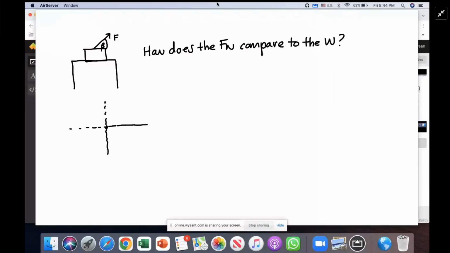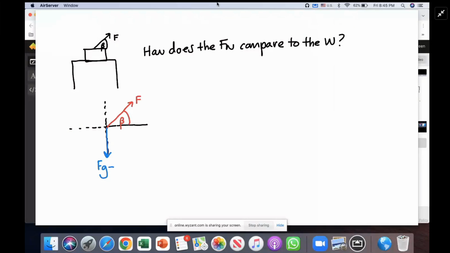Of course, the very first force I'm going to draw in is that applied force that we are told. And remember, we're just going to call it F since it's some applied force, and it is making an angle beta with the table. We also know that all objects on Earth are going to experience a force of gravity which points directly towards the center of the Earth.